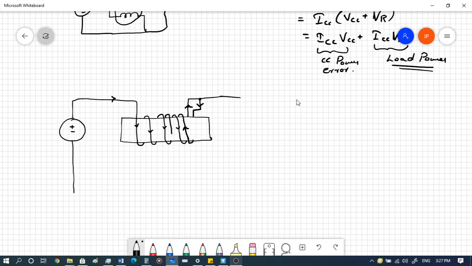Here you can see the current direction is opposite in the pressure coil, and the pressure coil has a compensating winding that is on the same core as the current coil.